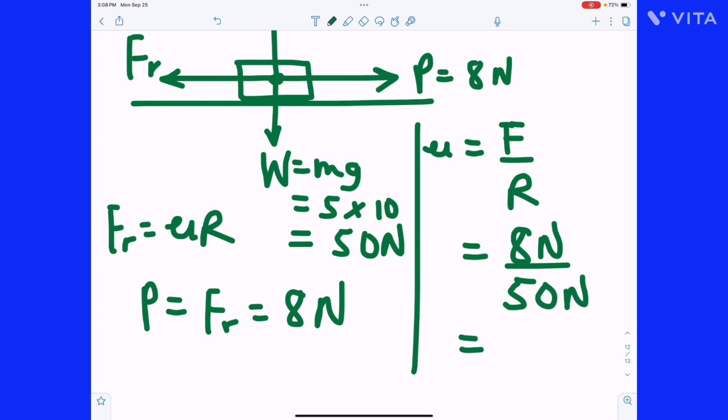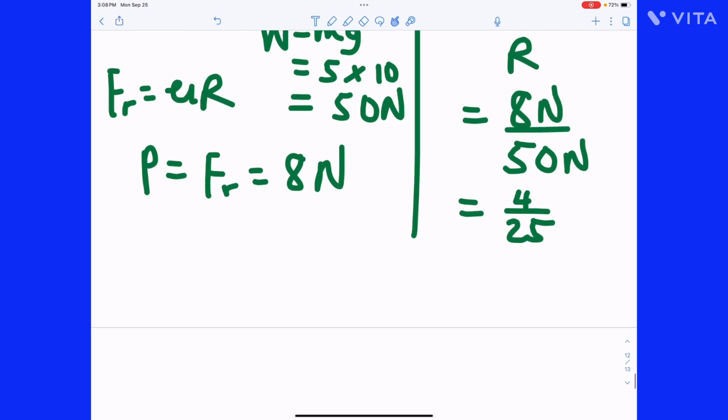That's 4 over 25. So what is 4 over 25? Your coefficient of friction will be 0.16. Dividing 25 into 4 gives 0, 25 into 40 gives 1 with remainder 15, and 25 into 150 gives 6.